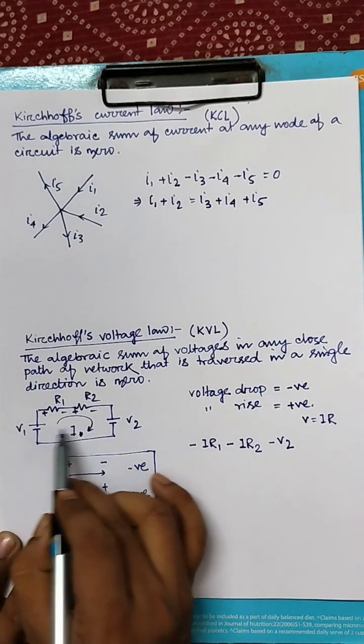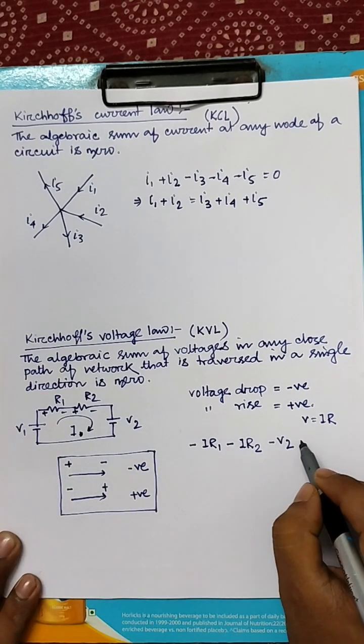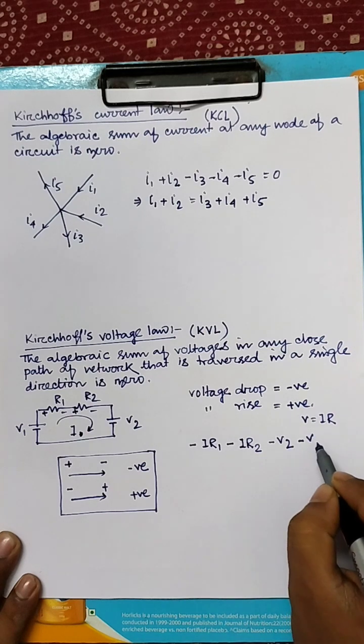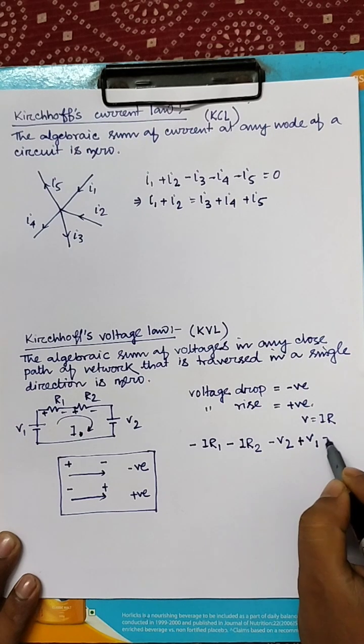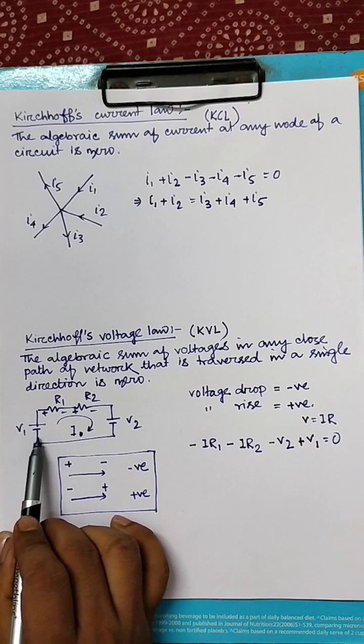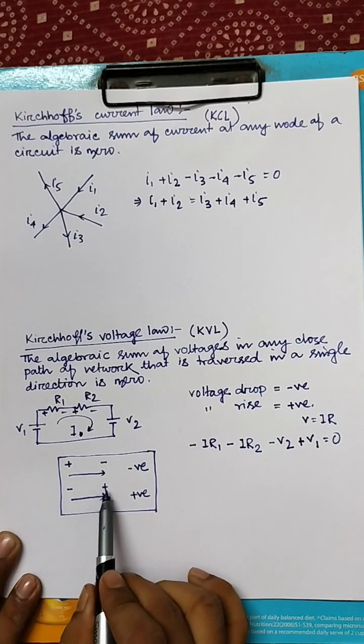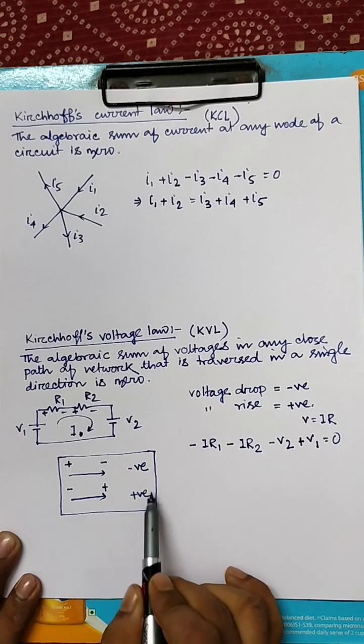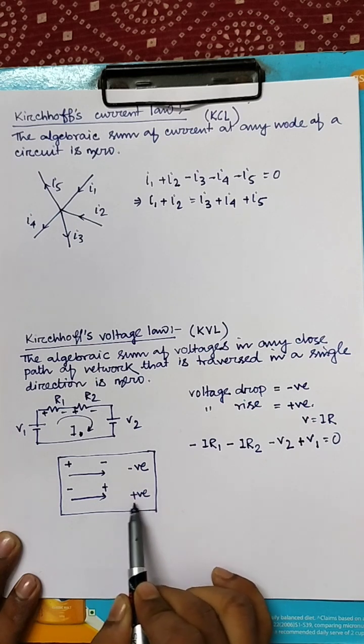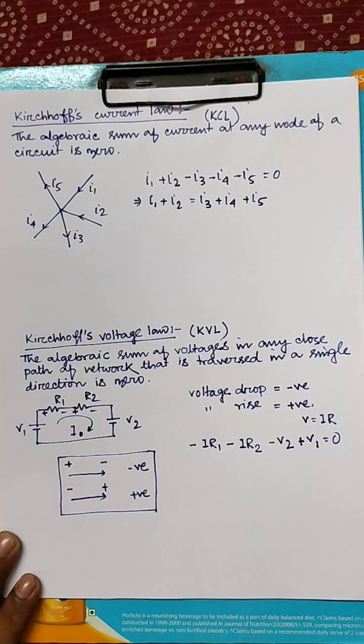And for the second one, current is entering from negative to positive, so plus V1 equals 0, because current is entering through this battery negative to positive. Negative to positive is considered voltage rise, that's why it is positive, so plus V1 equals 0.